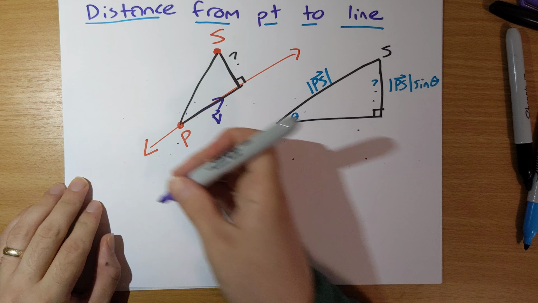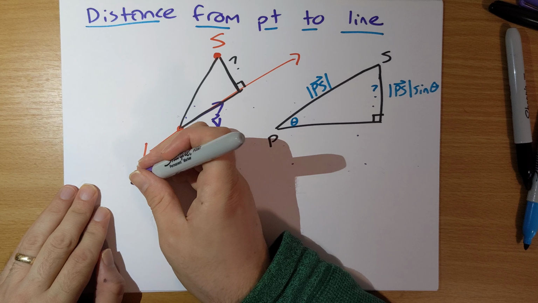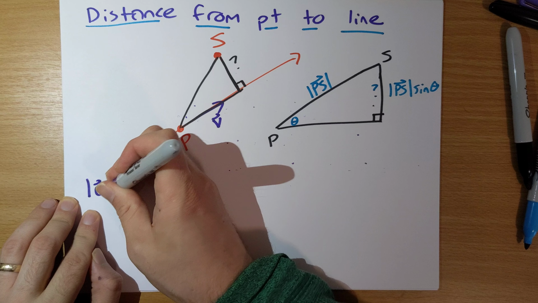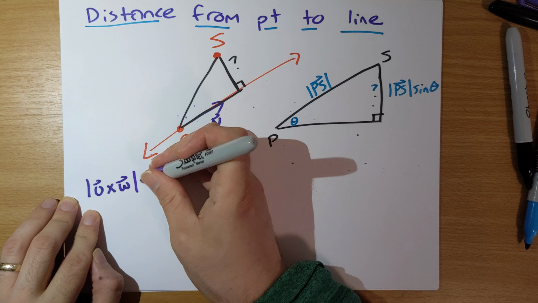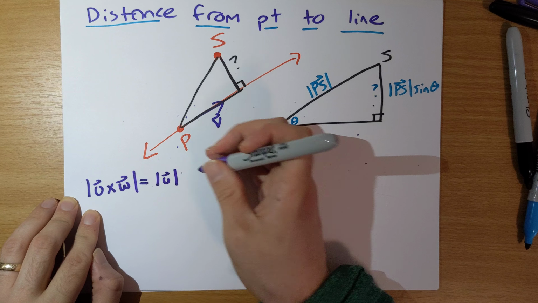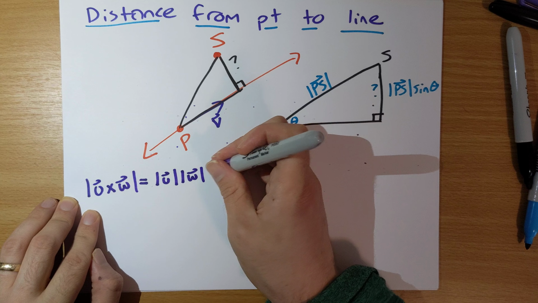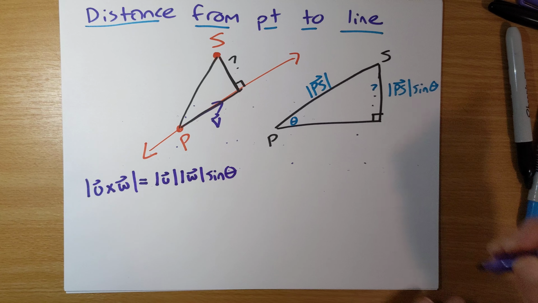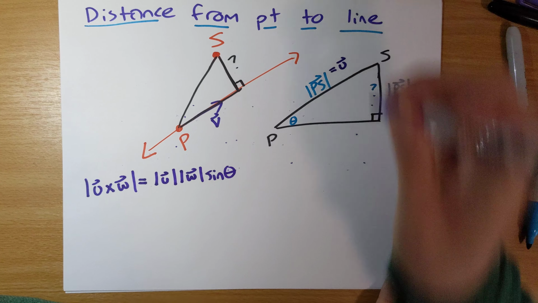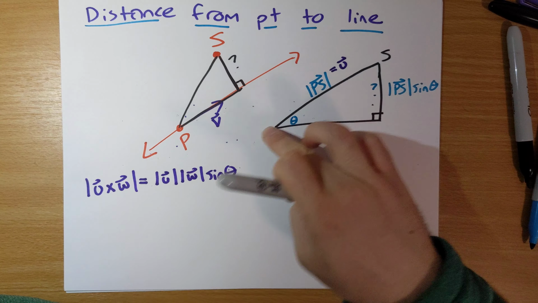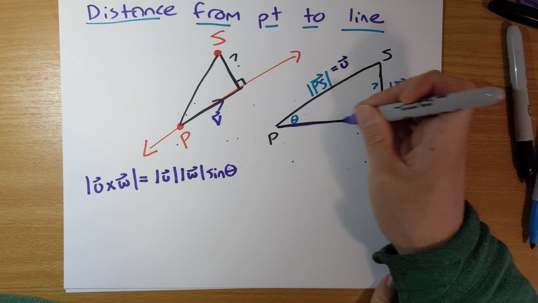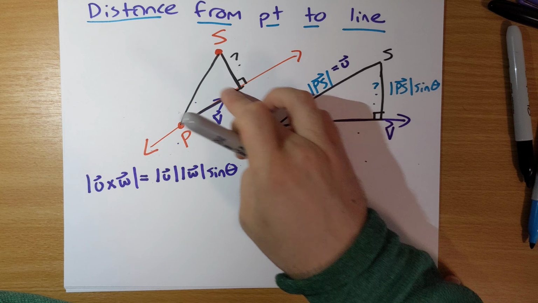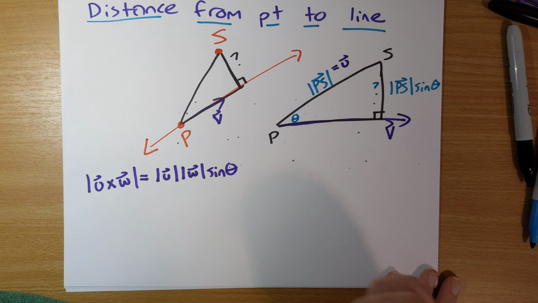So we should remember that in general, the magnitude of u cross w is equal to the magnitude of u times the magnitude of w times sine theta. And so let's call this u here. The hypotenuse is going to be u, and we have a vector that points along in this direction, v. V is the direction vector for our line.